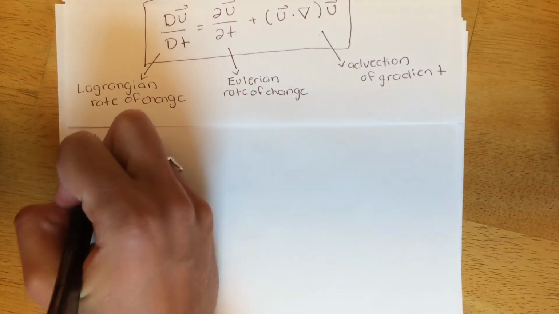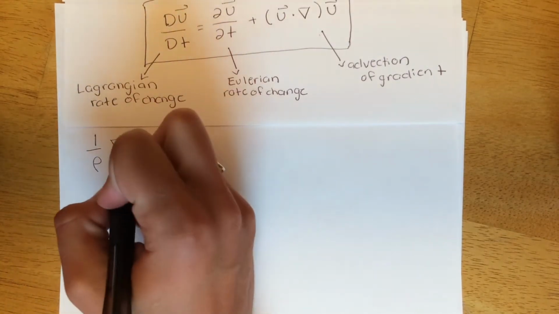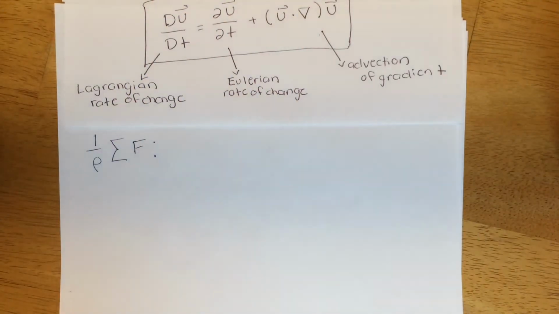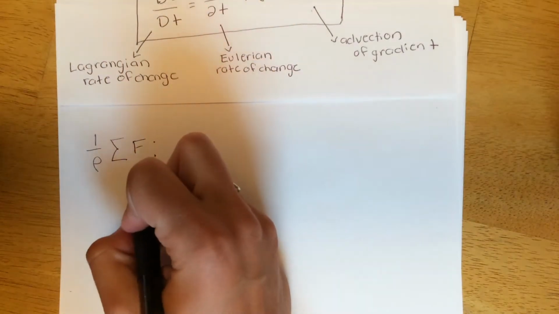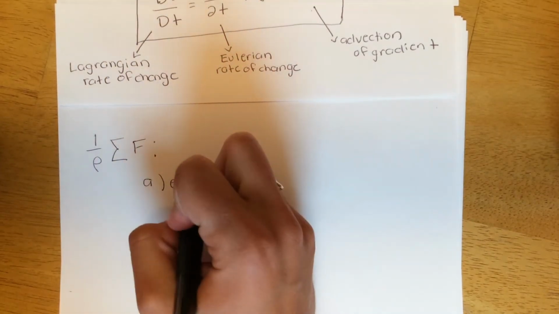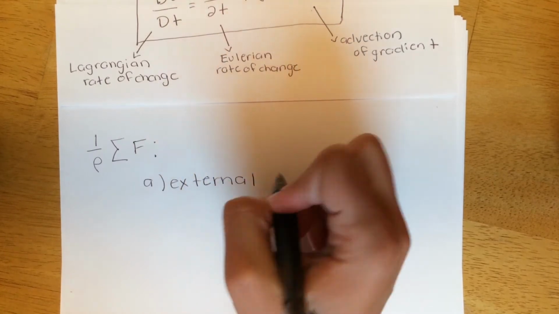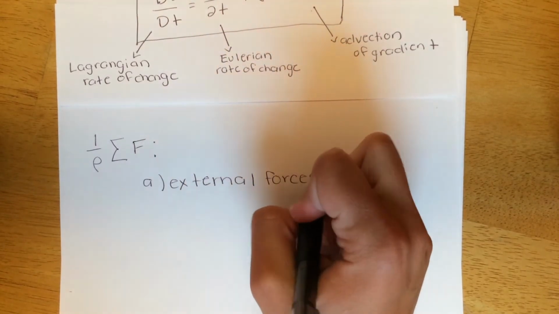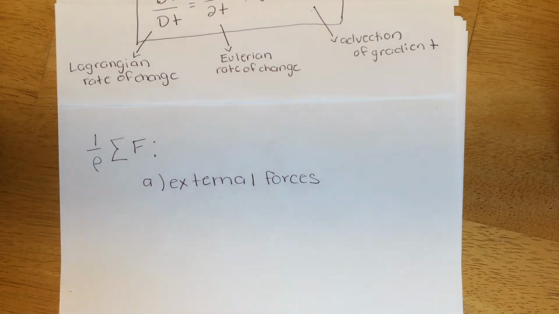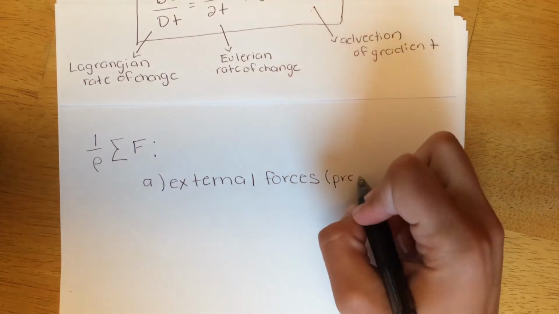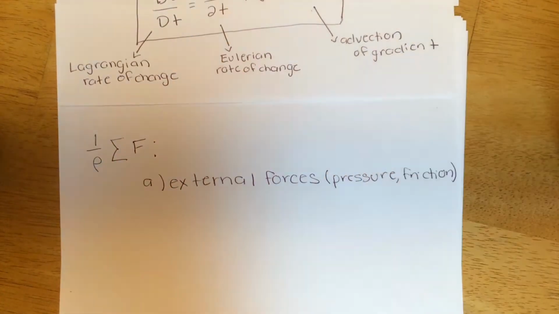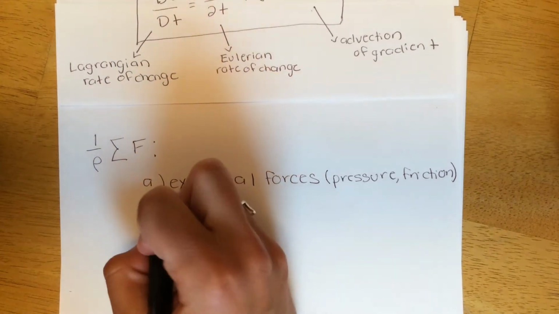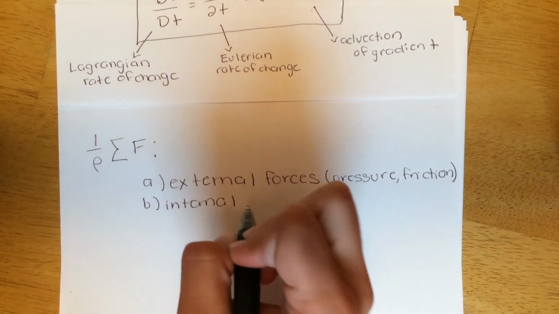On the right-hand side of our equation, we have our summation of forces. We have to include external forces, which include pressure and friction. We have internal forces, which is just gravity in this case.